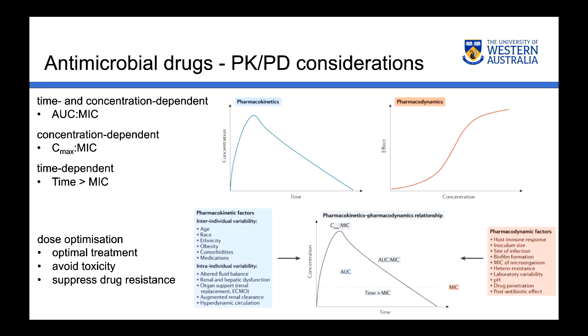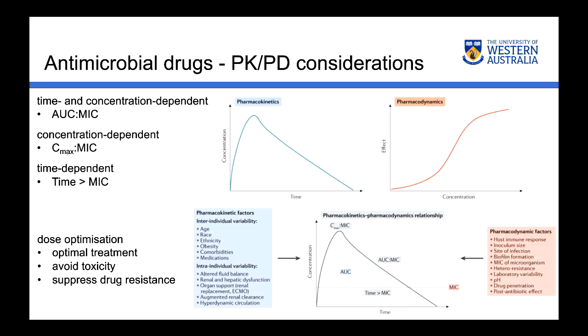Not necessarily in the development of drugs, but when you actually administer these drugs to patients, you have to consider a whole suite of parameters in order to optimize the dose, because you want to provide the best treatment and at the same time avoid toxicities.